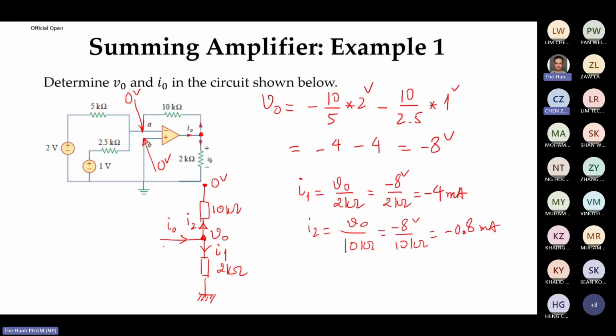Now KCL: I0 entering, I1 leaving, I2 leaving, so I1 plus I2. So this one, minus 4 minus 0.8, is minus 4.8 milliampere. So the current I0 is minus 4.8. So in reality, the current flows like this into the op amp.